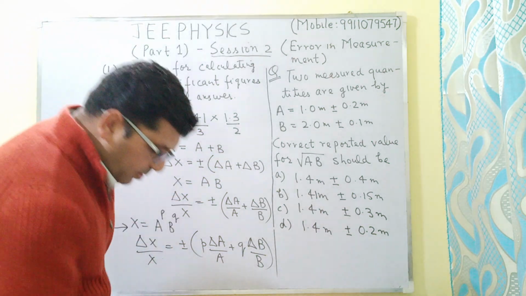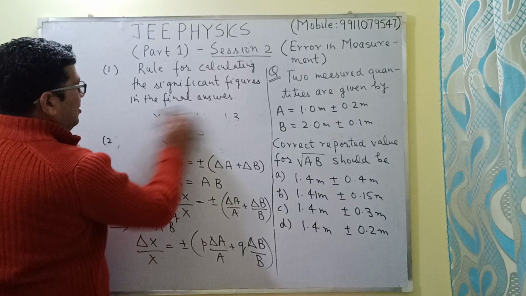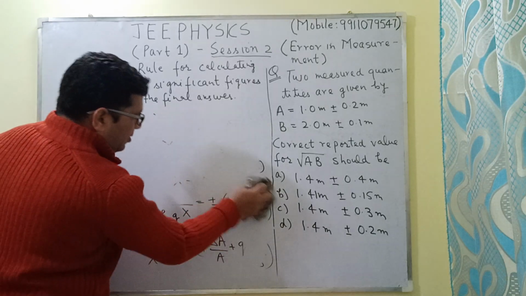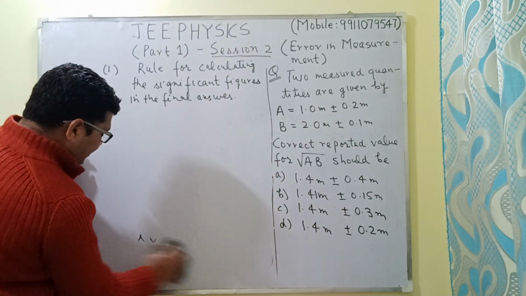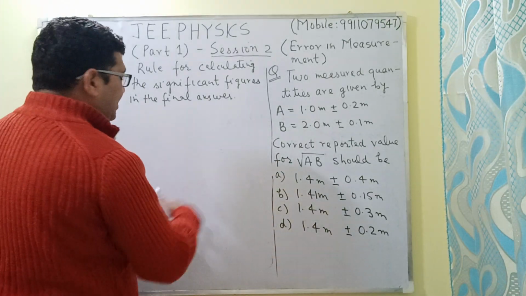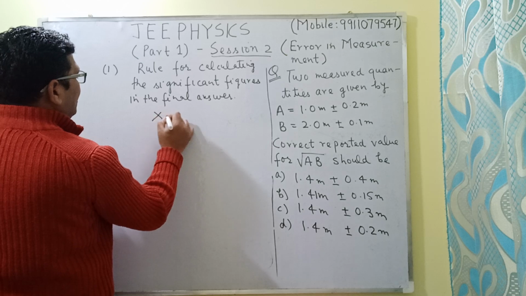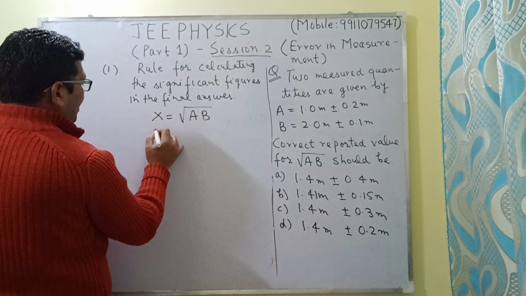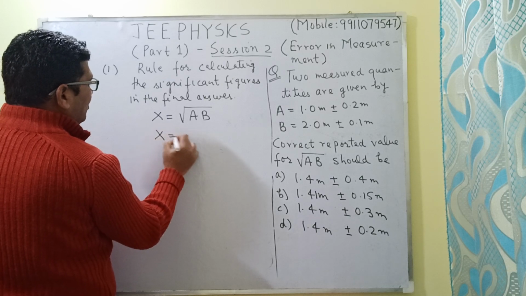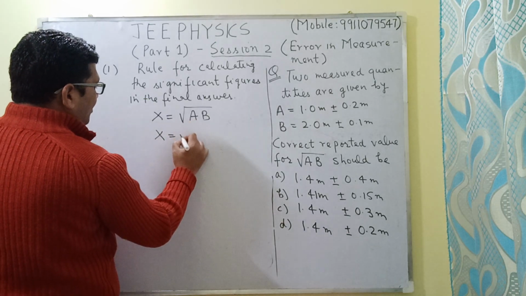So here let's start solving this question. Let us say that x is equal to under root AB. So we can write x is equal to under root.